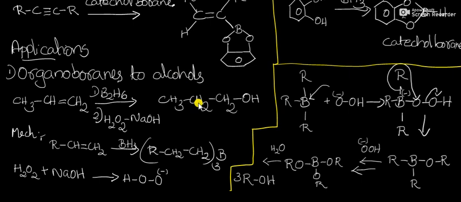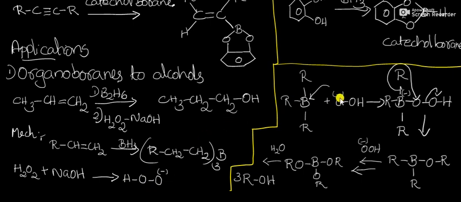What is the mechanism of this conversion? When the alkene adds to the borane, it will be converted into a trialkyl borane. The mechanism of this hydroboration reaction was already discussed. Then in the presence of base, hydrogen peroxide will be converted into OH minus that acts as a nucleophile.